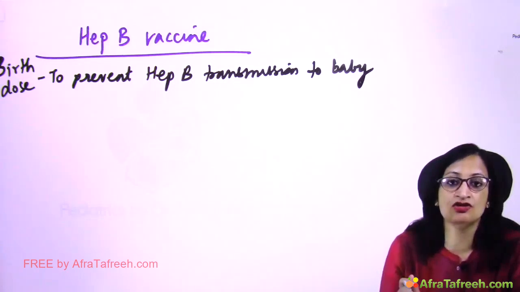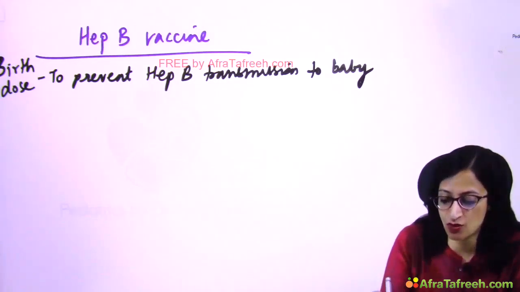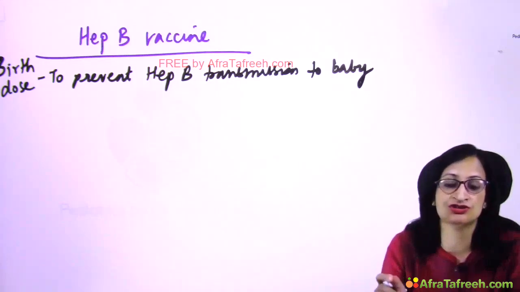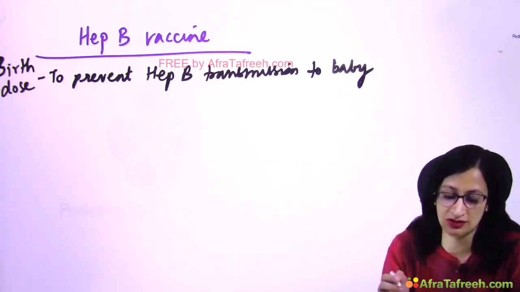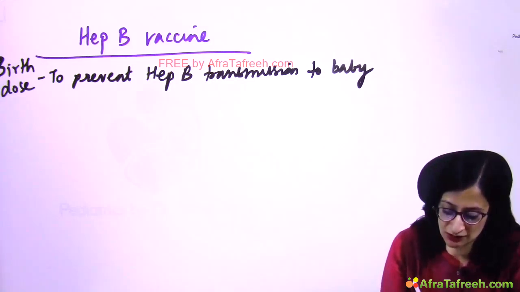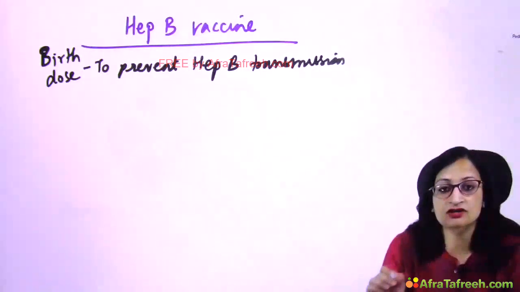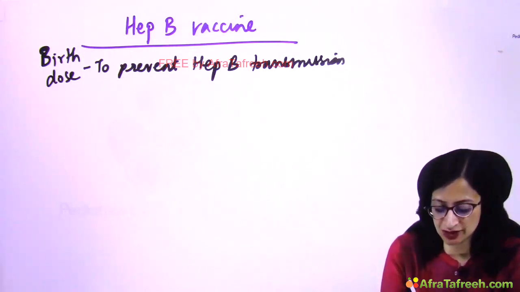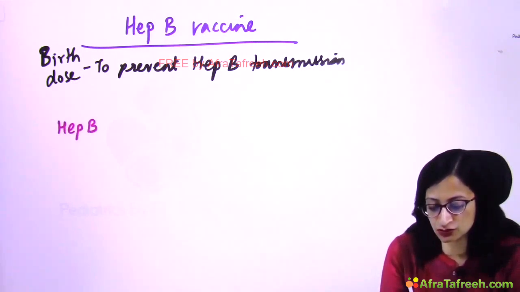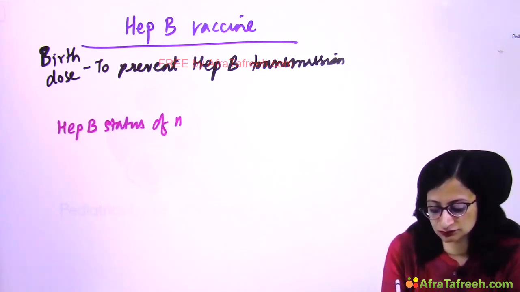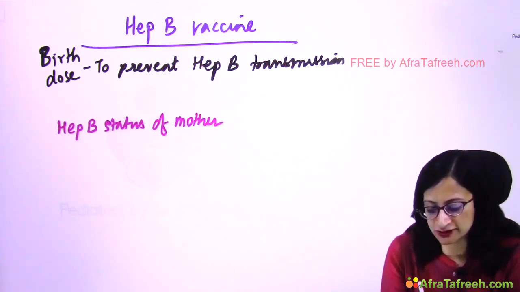Okay. Now the management of a baby born to a hepatitis B positive mother is very, very important. Basically we need to look at the status of the mother and decide the management or intervention that is required for the baby. So in order to prevent the transmission of hepatitis B from the mother to the baby, what all needs to be done?